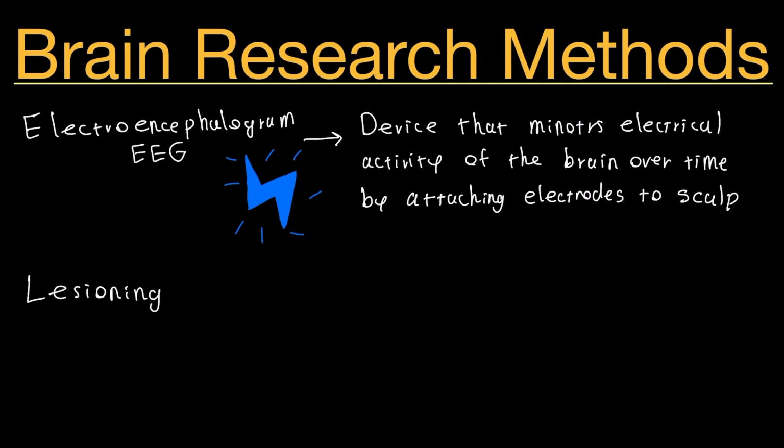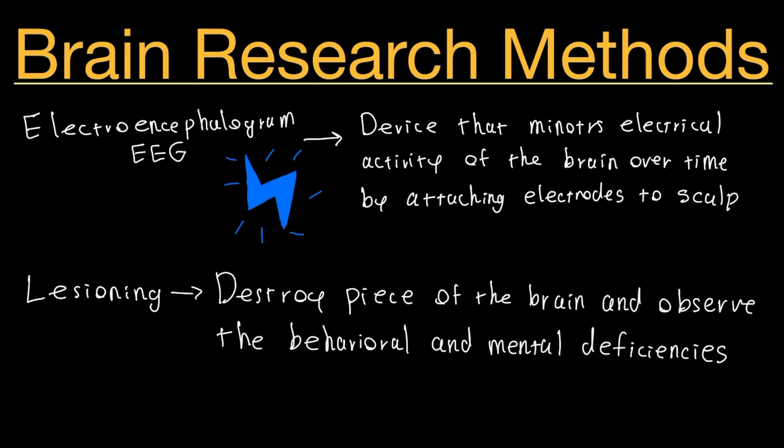Now, lesioning is another method. This is where we destroy a piece of the brain and then observe the behavioral and mental deficiencies.